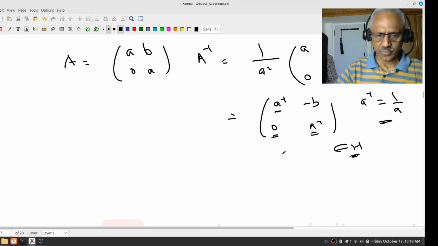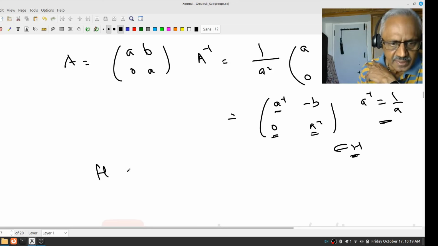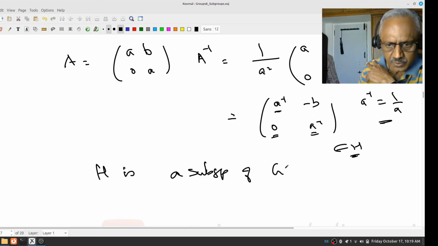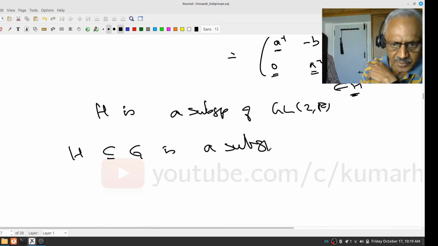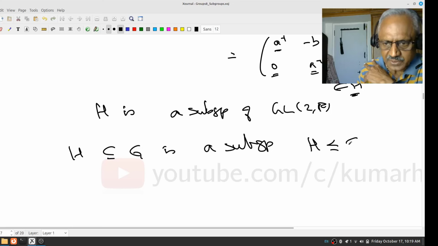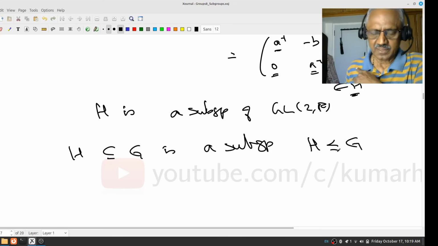So we have proved H is a subgroup of GL2R. Whenever H is a subgroup, I usually denote it by H less than or equal to G because there is a structure. Okay, this is just a notation.